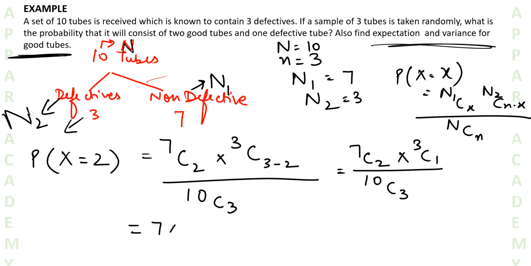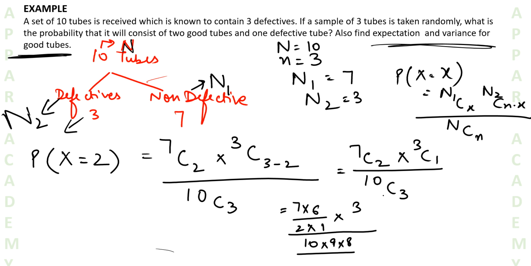This is simply 7 into 6 upon 2 into 1, into 3, upon 10 into 9 into 8. Let me write it down so that it's a bit clear for you. This is my way of calculating these combinations; you can do it either way. Let's solve this out.